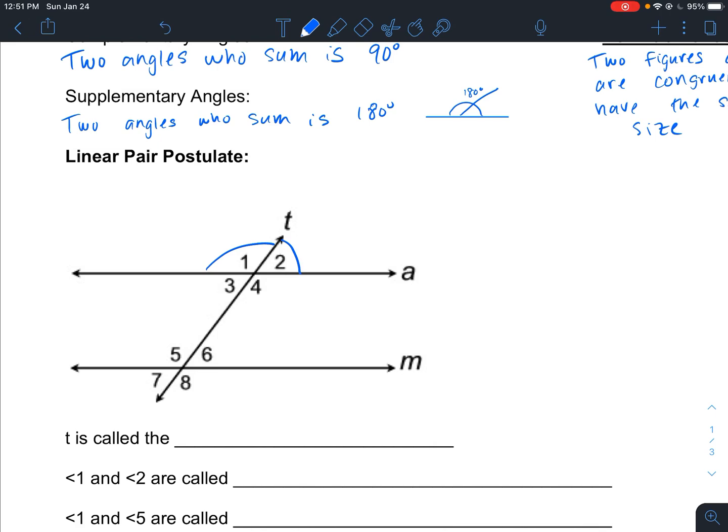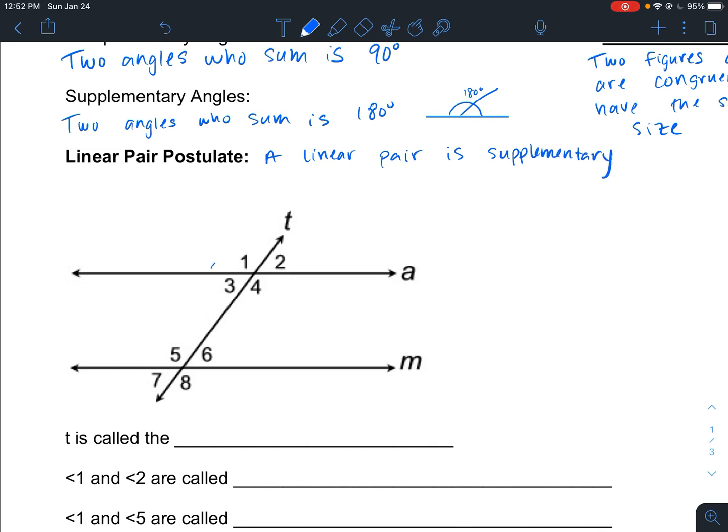If we have a straight line and it's cut by another line, then these two angles make up a linear pair. The linear pair postulate just states that a linear pair is supplementary.